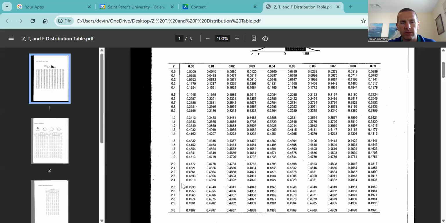That's 0.7, and then 0.05. I need to match up 0.7 and 0.05. 0.7 and 0.05 gives me 0.2734.